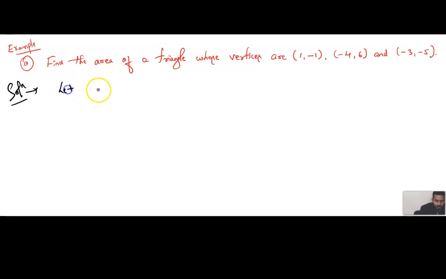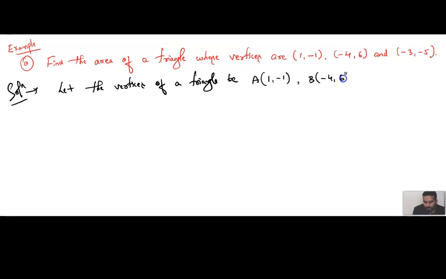Let the vertices of the triangle be A(1, -1), B(-4, 6) and C(-3, -5). So vertex A is (1, -1), vertex B is (-4, 6) and vertex C is (-3, -5).